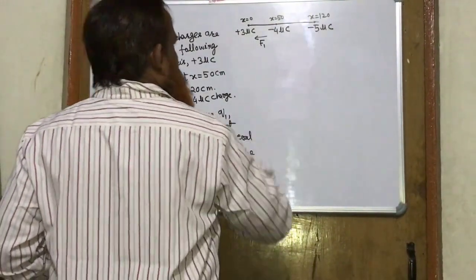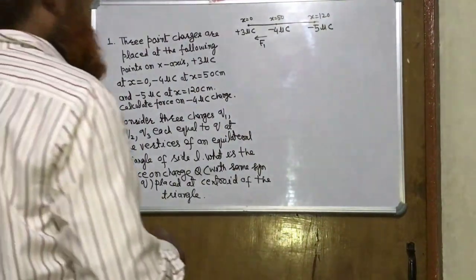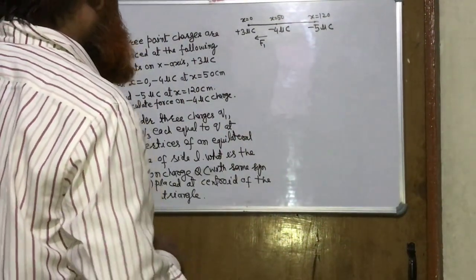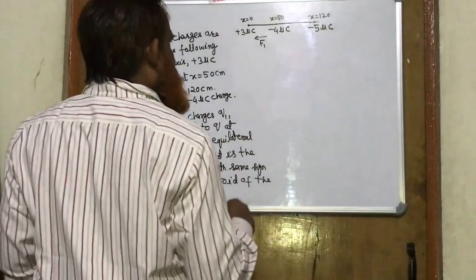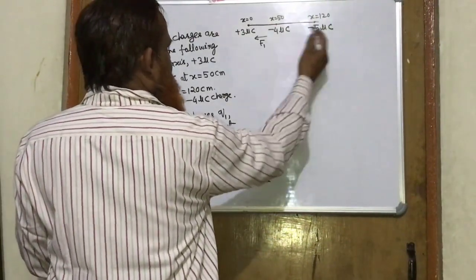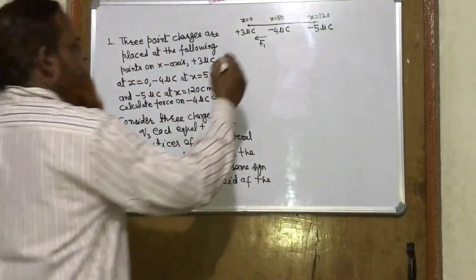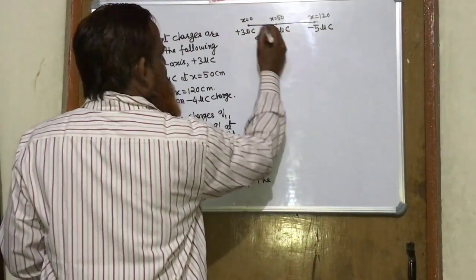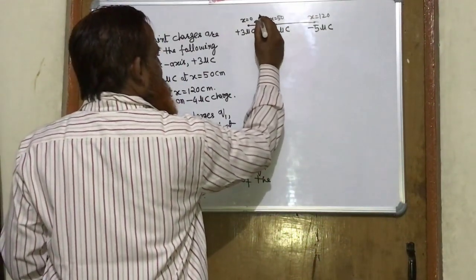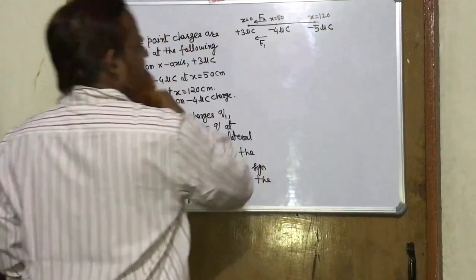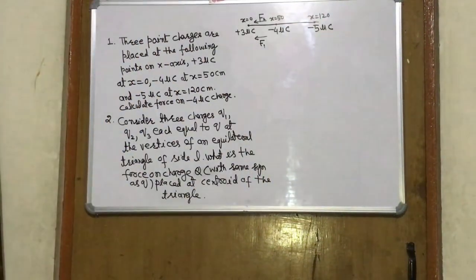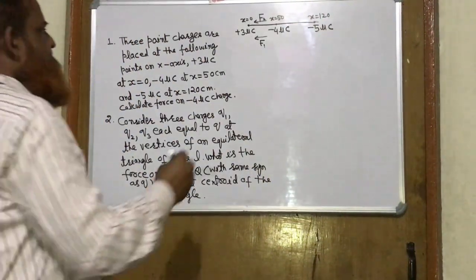Now we will find the force due to minus 5 microcoulomb on minus 4 microcoulomb. Both are negative, so it will be a repulsive force. Let it be F2. The direction is away from minus 5 microcoulomb.